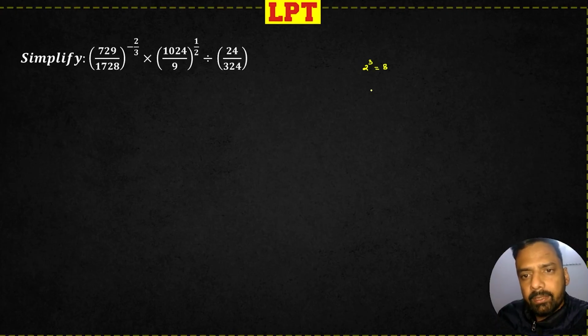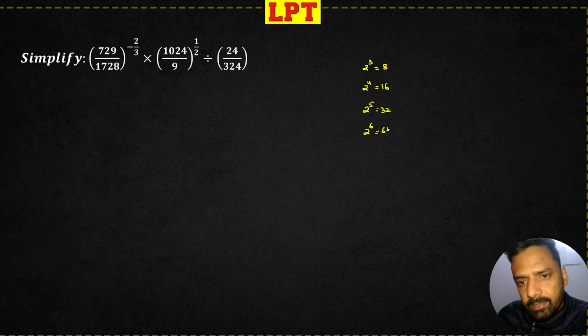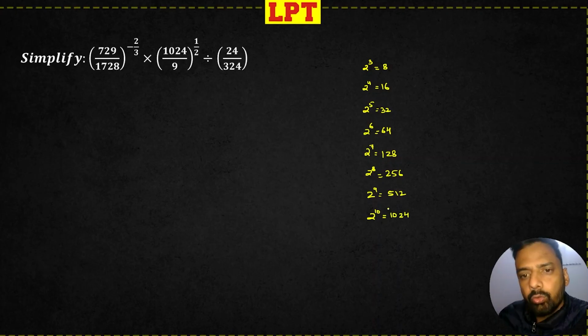We know that 2 to the power 3 is 8, 2 to the power 4 is 16, 2 to the power 5 is 32, 2 to the power 6 is 64, 2 to the power 7 is 128, 2 to the power 8 is 256, 2 to the power 9 is 512, and 2 to the power 10 is 1024, right?